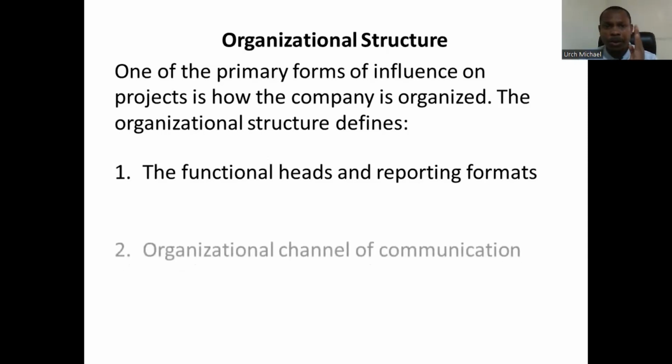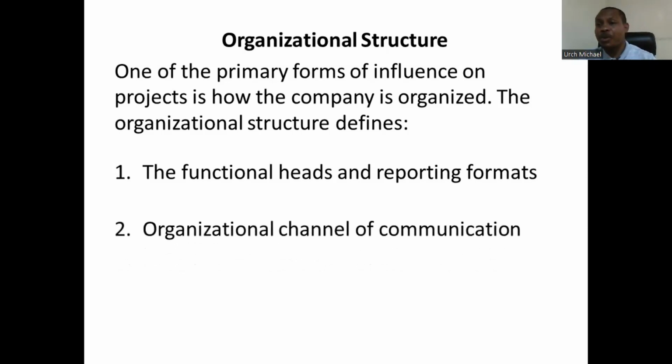I want to know the organizational channel of communication. Can I just go to anybody? Can I send my mails to anybody? Can I easily transmit issues in my department to other departments? You need to understand that there is a channel of communication in any organization, and that's one beauty of the organizational structure.